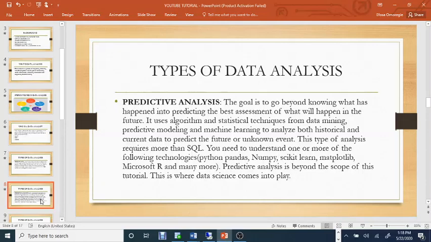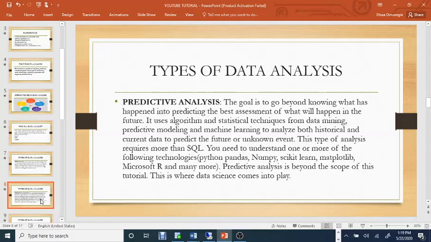Yes, you can use SQL for data analysis, because even in predictive analysis, you first have to do your data analysis before you move into building a predictive model or an algorithm that will be able to predict future events or the trend of things in the future for an organization. So SQL is still useful, but it is one of the tools required for predictive analysis. It's not all you need to know. You need to know way more than SQL.